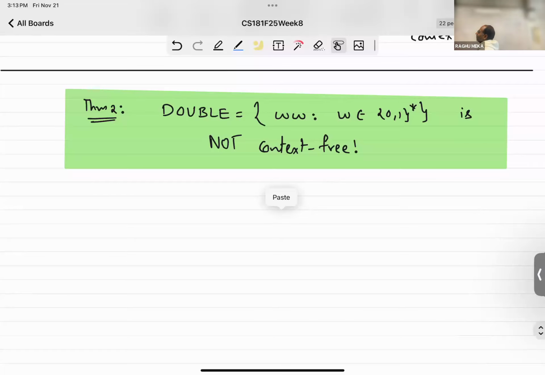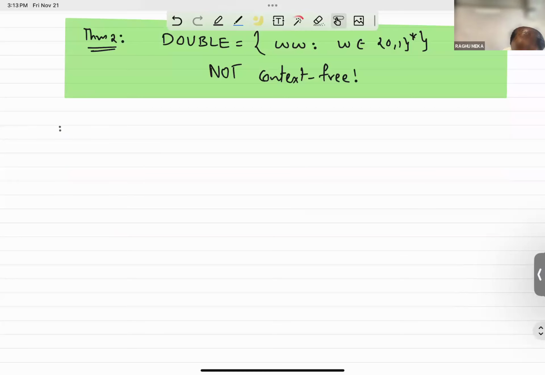We want to now show that double is not context free. And the key thing, once again, is to come up with the right challenge string, right?